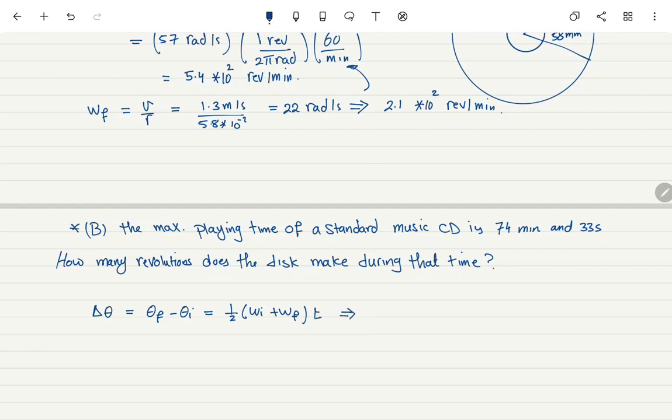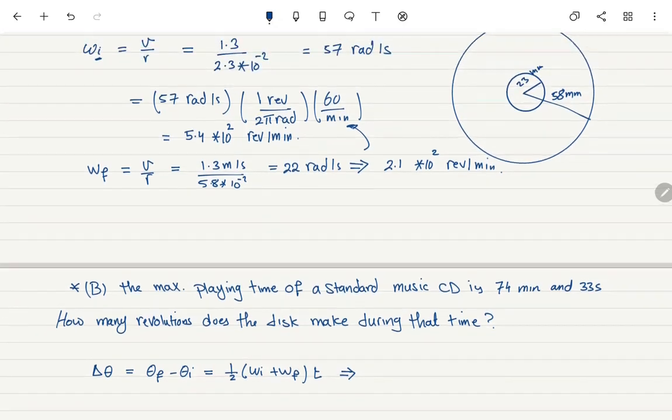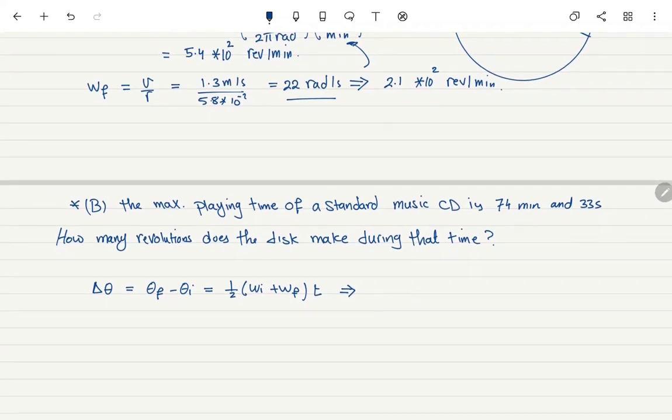Now you substitute numbers. Omega initial is, we just calculated this one here, 57 rad per second, and omega final is 22 rad per second here, and t is given in this one here.